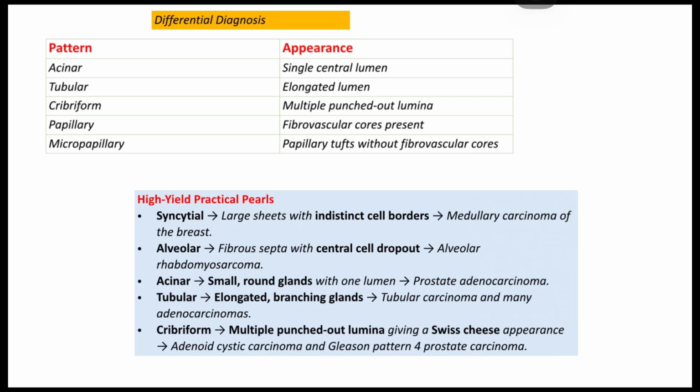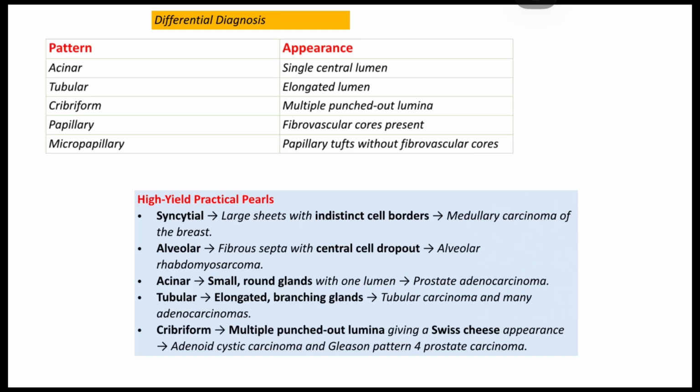So in differential diagnosis, where you find lumina: one is Acinar, which has a single central small lumen; tubular, with an elongated lumen; and cribriform, where you find multiple punched out lumina. We have discussed all these three patterns. In the next topic we will discuss papillary and micropapillary pattern.